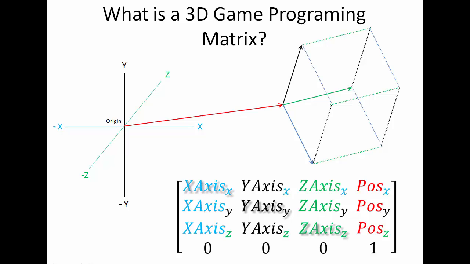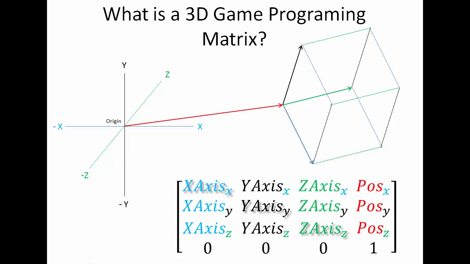So down at the bottom, I have a 4x4 matrix, and this is basically what gets stored inside of a matrix, what the cell values, if you will, within the matrix actually represent. And you'll notice that the first column is basically an x-axis, the second column y-axis, the third column z-axis, and the fourth column position.